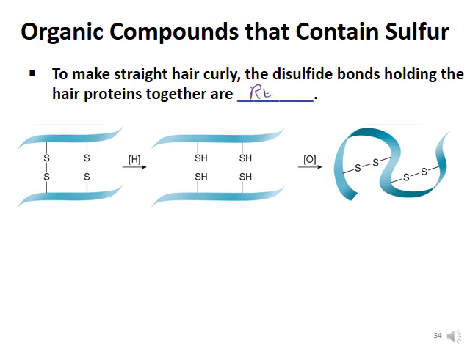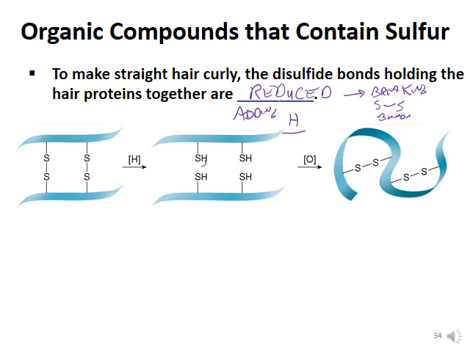But the opposite of making disulfide bonds by oxidizing is breaking the sulfur-sulfur bonds and adding H. Notice that we add H and break the bonds. And so the strands aren't long and connected.